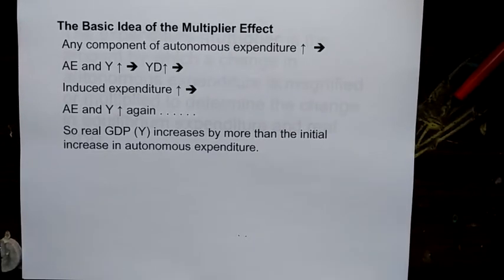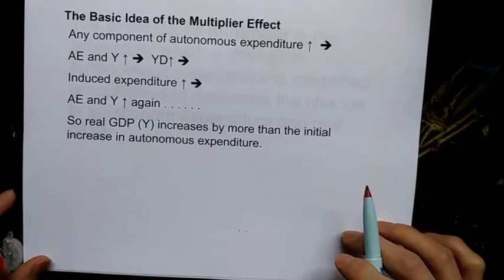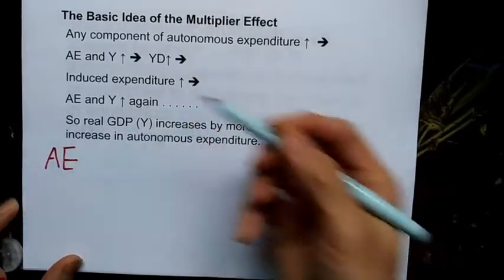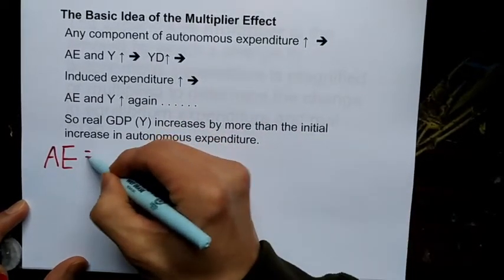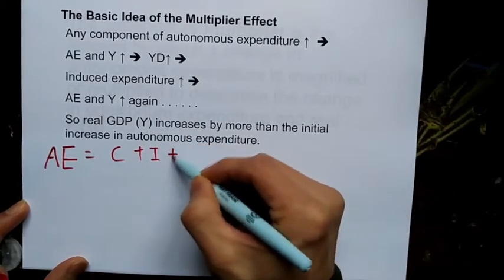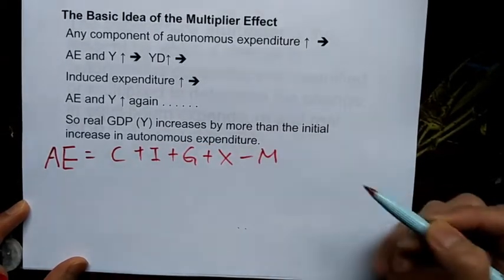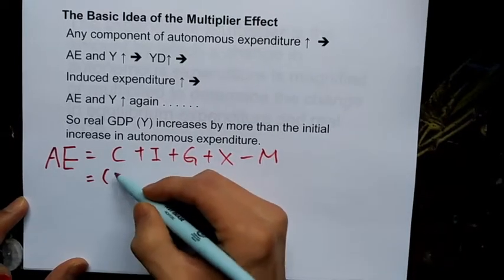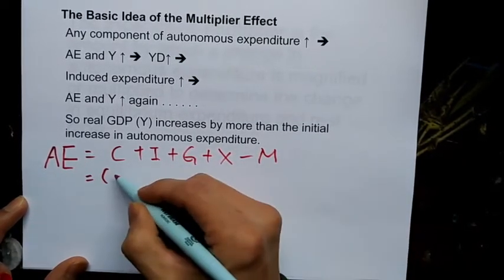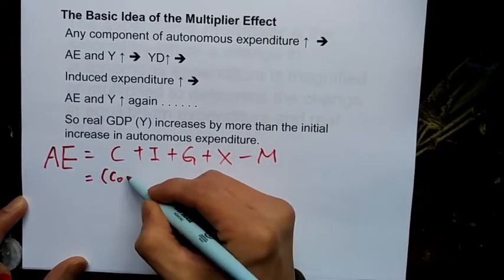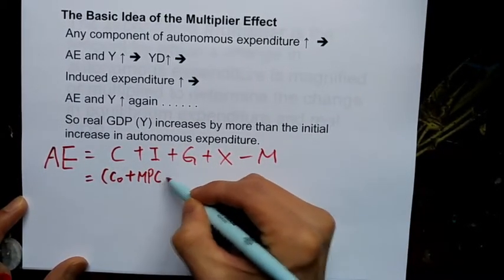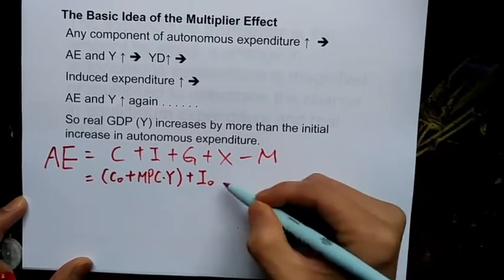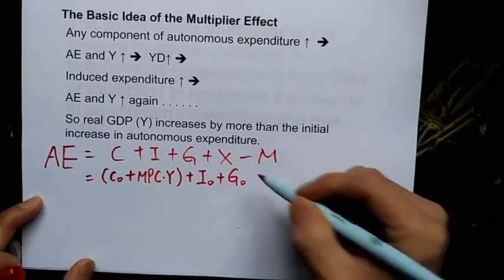Let me explain the multiplier effect. Here is the basic idea of multiplier effect. Let me write down this again. Aggregate expenditure function is C plus I plus G plus X minus M, right? C depends on income. Consumption depends on income. So C is autonomous consumption plus marginal propensity to consume times income. I is assumed to be autonomous. G is assumed to be autonomous.